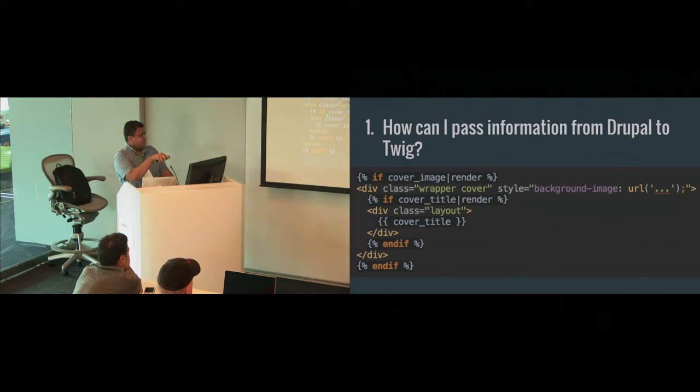And I will explain this later, but for the title, I print the title and so on. But basically, because I did this, now I have these cover_image and cover_title variables available in my template. They weren't before, they are now available.